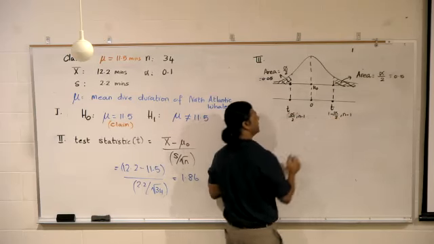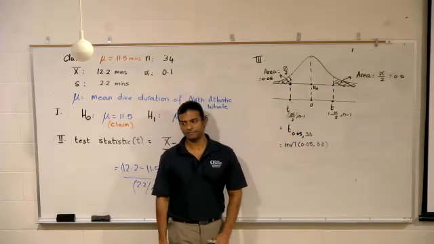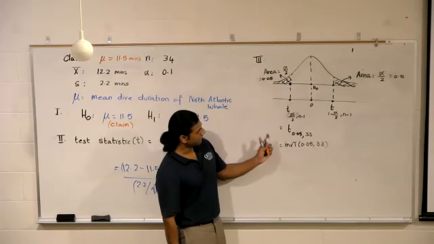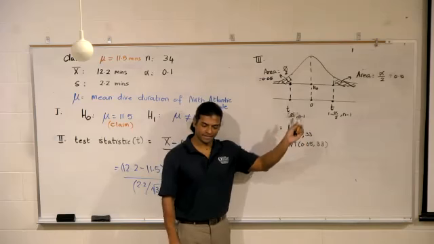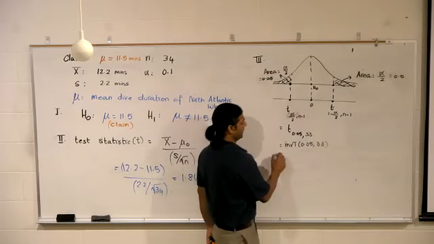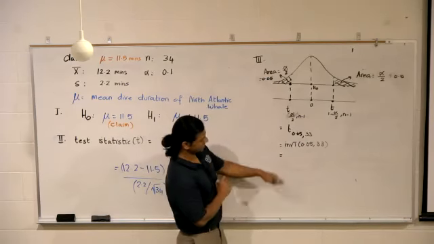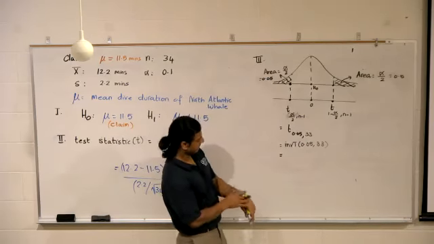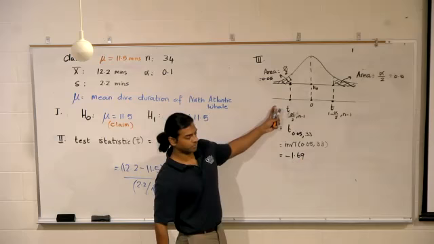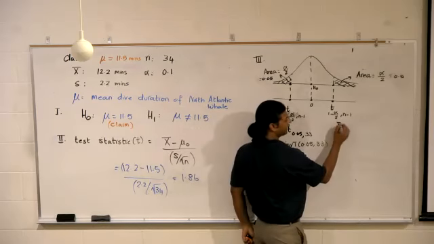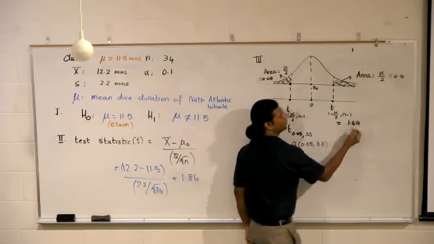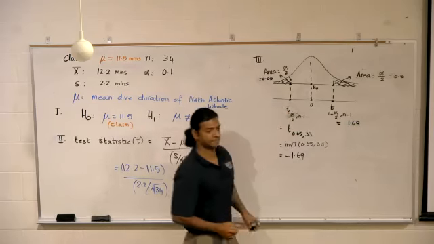Is it necessary to find both of them? No. If you find one, you can multiply by -1 to get the other. So what is that equal to? -1.69. So if this value is -1.69, this is positive 1.69.